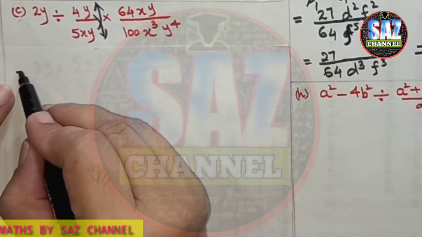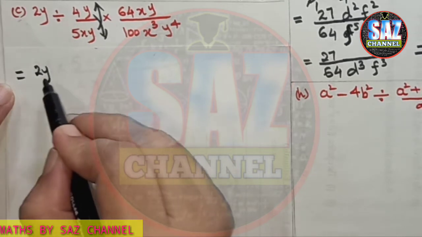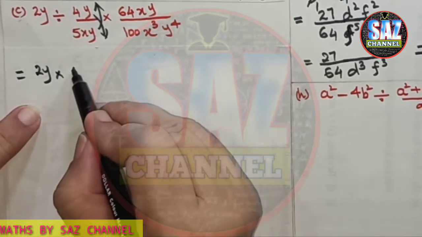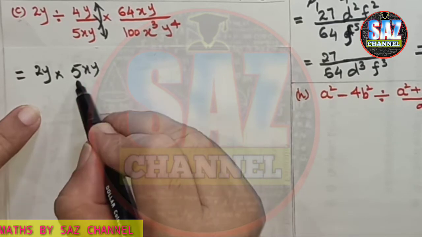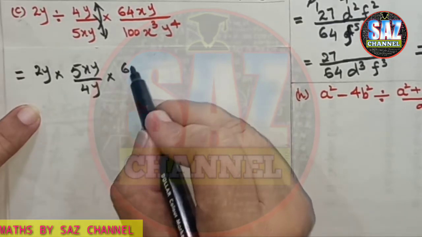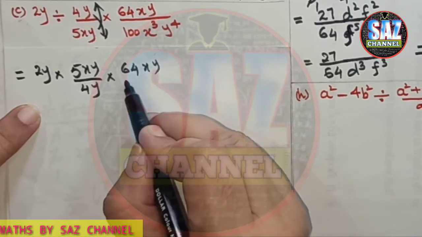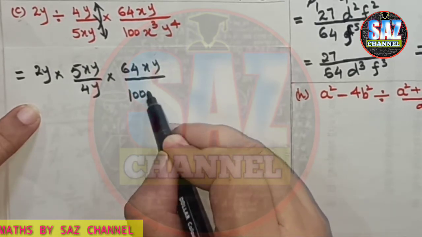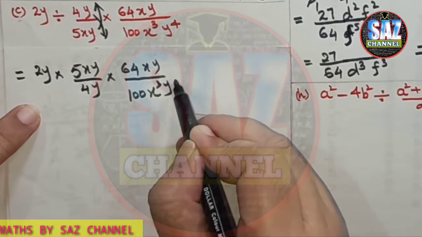So the question will take the form 2y multiplied by 5xy upon 4y multiplied by 64xy upon 100 x cube and y4.